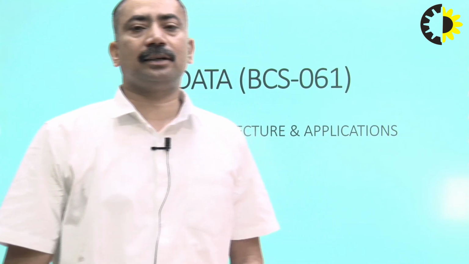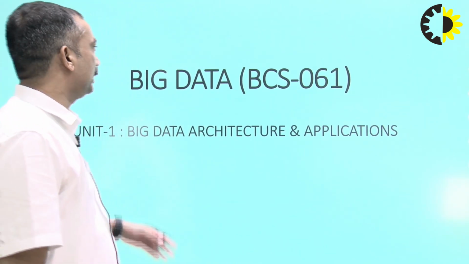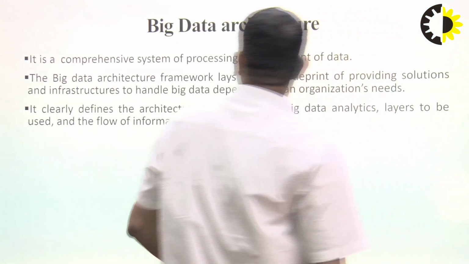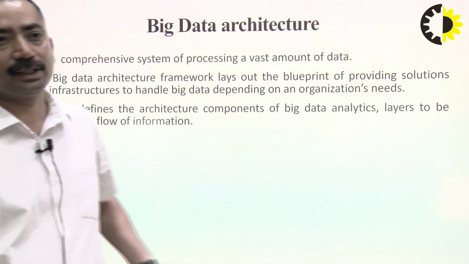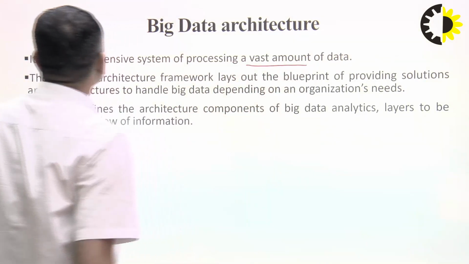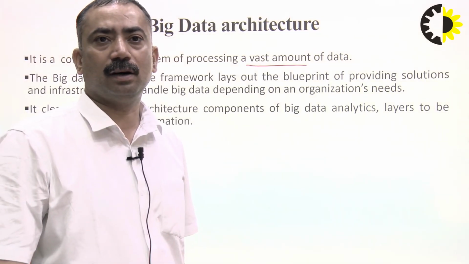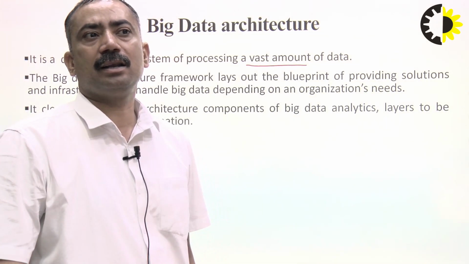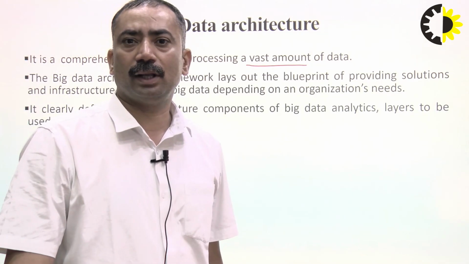The architecture of big data is a comprehensive system of processing a vast amount of data. The big data architecture framework lays out the blueprint of providing solutions and infrastructures to handle big data depending on an organization's needs.